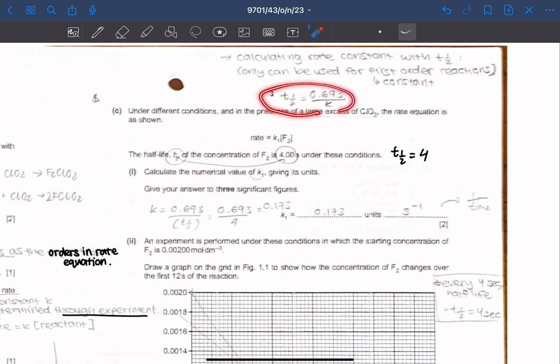So you would rearrange this equation, forming k equals 0.693 over the half-life, or over 4. You would get 0.173, and then to 3 significant figures, 0.173, with the units s power -1, because time is in the denominator and this is in seconds, so s power -1.